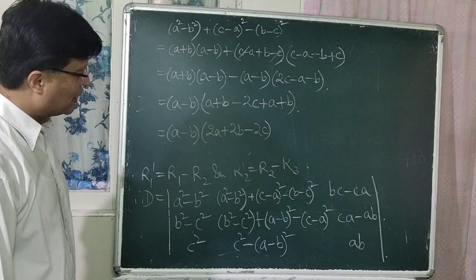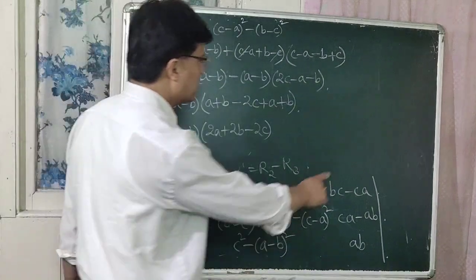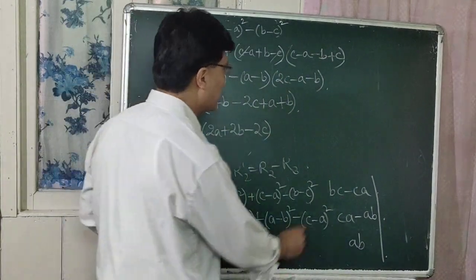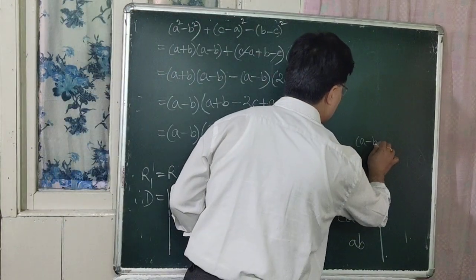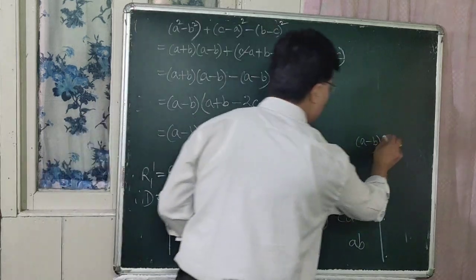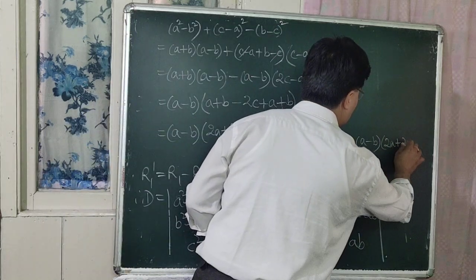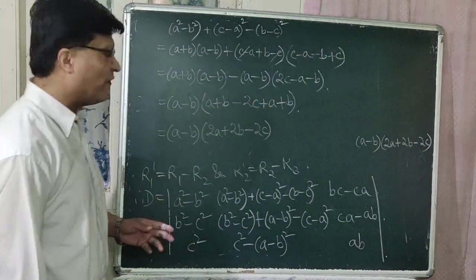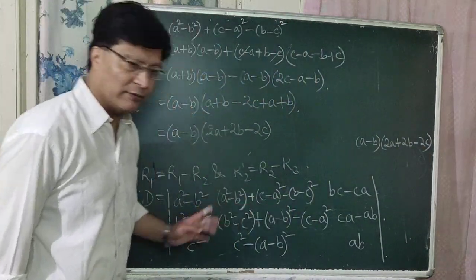Is that clear now? So let us write down here. Which are the factors for this expression? It is a minus b, then 2a plus 2b minus 2c. So these are the simplified factors of this expression, right?